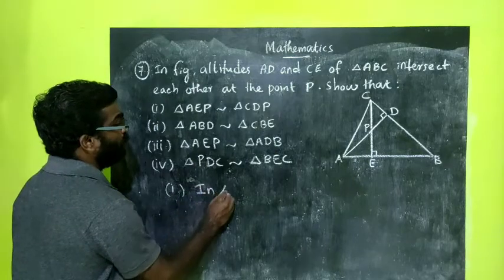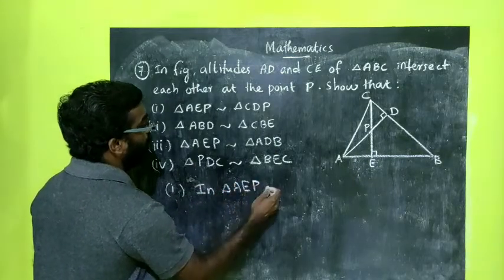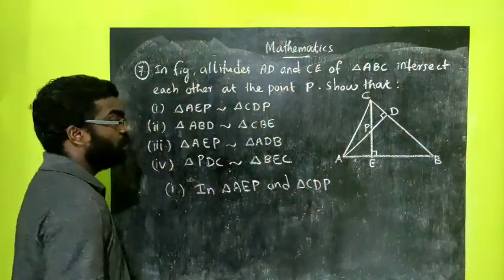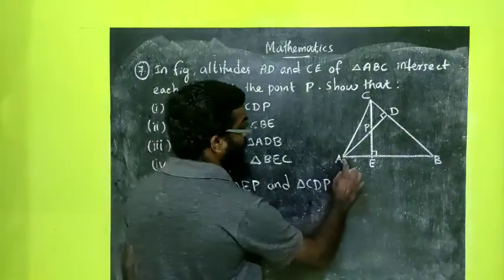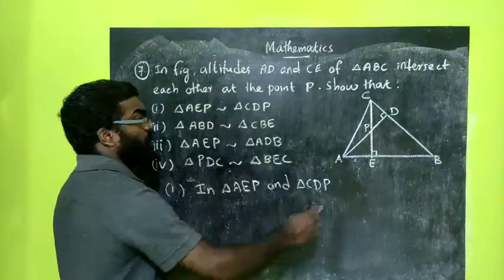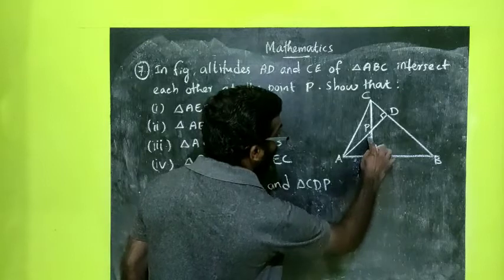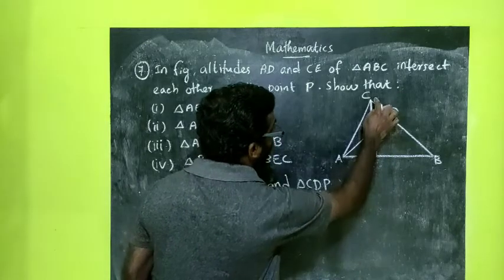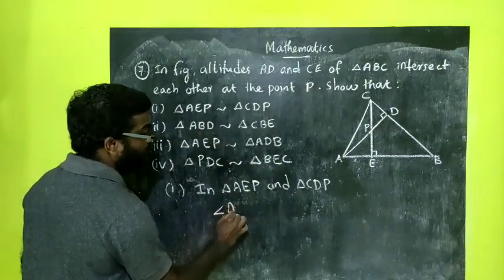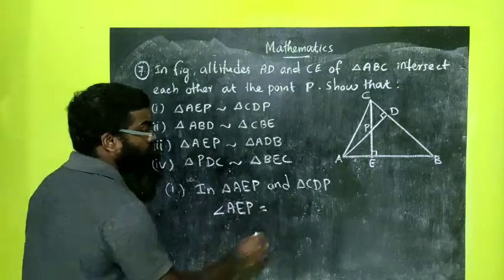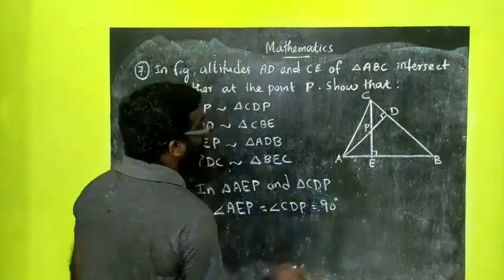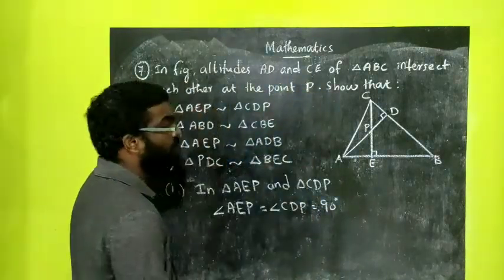So in triangle AEP and triangle CDP, observe the figure. AEP, this small triangle, and CDP, this one. In both the triangles, angle AEP is 90 degree, and angle CDP is also 90 degree. That we can write here, angle AEP equal to angle CDP, which is equal to 90 degree. It is given because AD and CE are altitudes of the triangle.